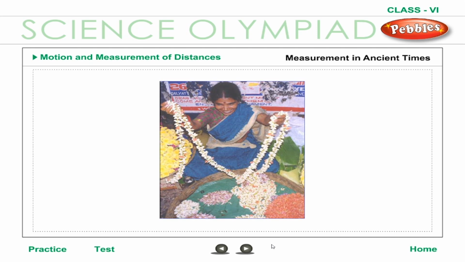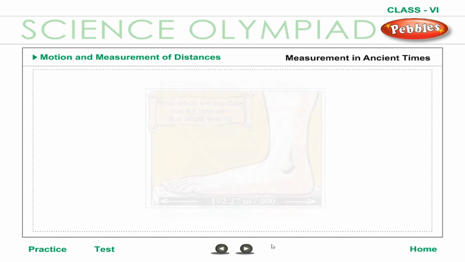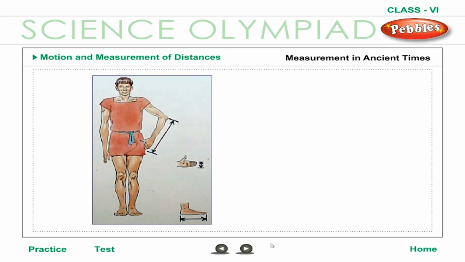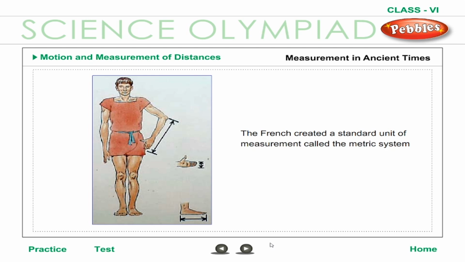It was the Greeks who developed the foot as their fundamental unit of length. It was evident that everyone's body was of different sizes. This caused confusion in measurement. The French created a standard unit of measurement called the metric system in 1790. This is today's international system of unit for measurement.